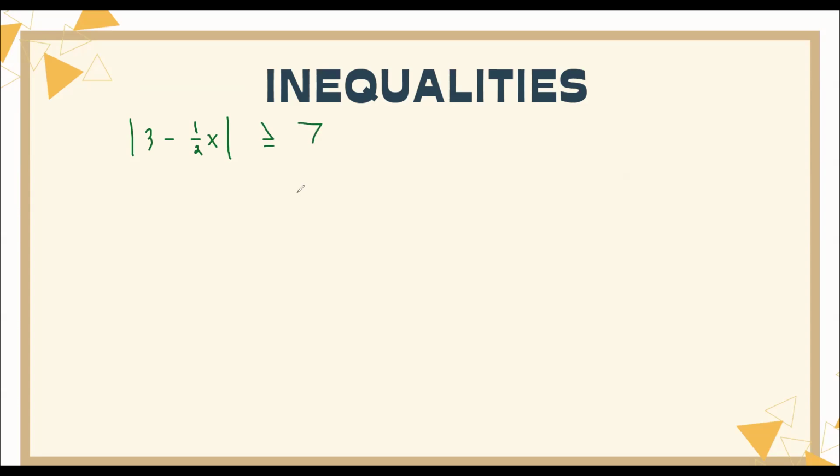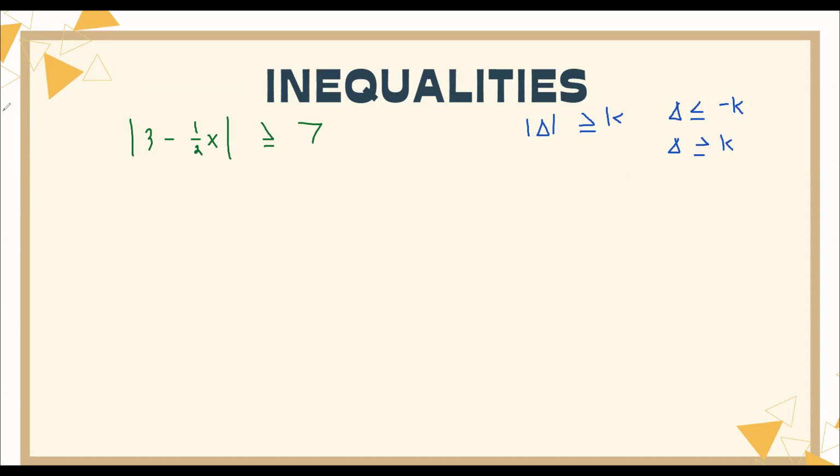Now, for this one, our rule is that if your equation is greater than k or greater than or equal to k, your equation is less than or equal to negative k, or your equation is greater than or equal to k.